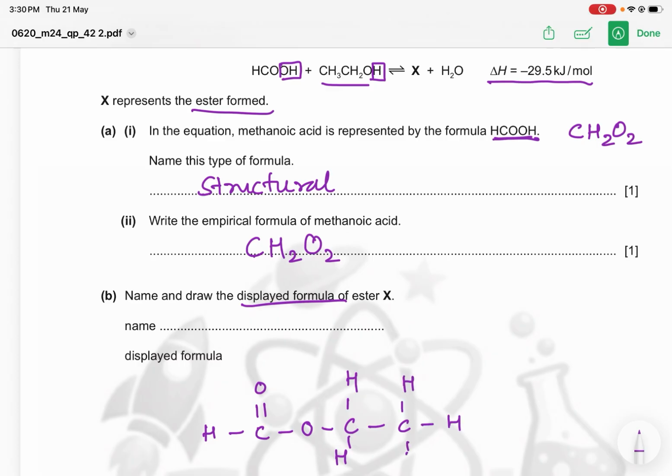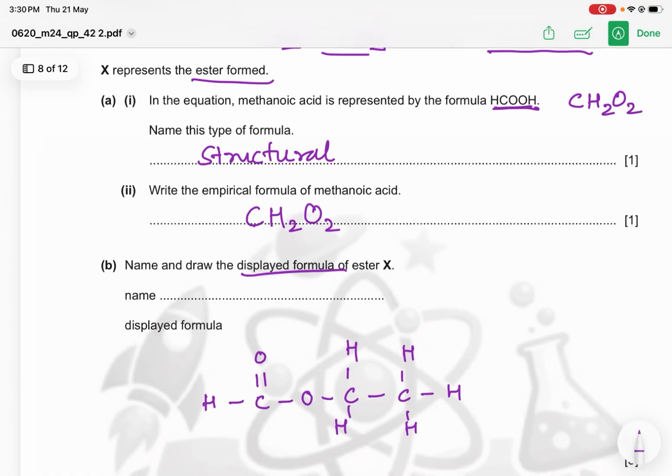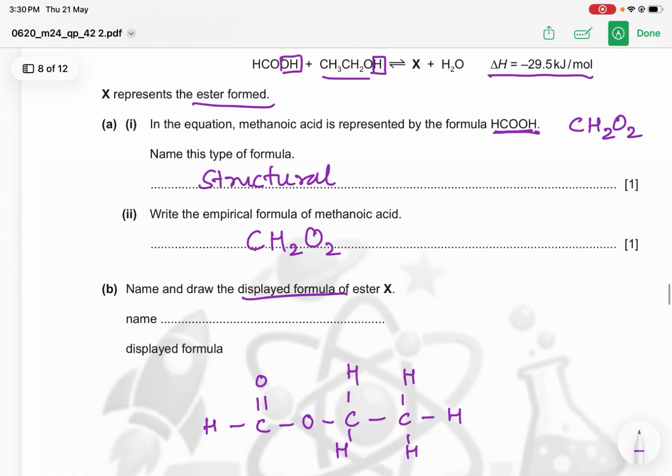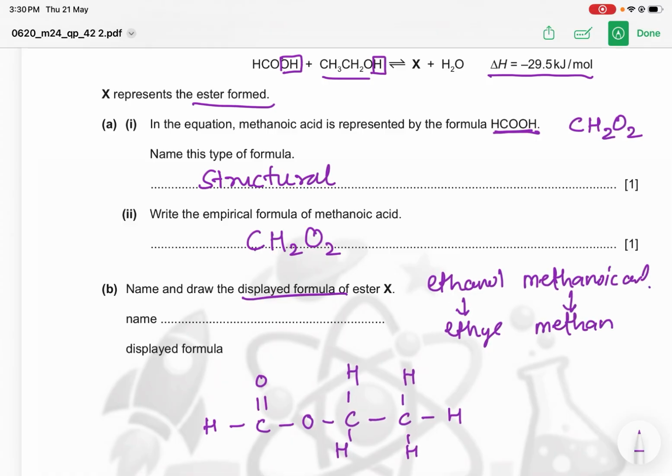So this is my structure of the ester. The name of the ester: because I have used ethanol, it will be ethyl, and I have used methanoic acid, so it will be methan, and for an ester we name it -oate, so it is ethyl methanoate.